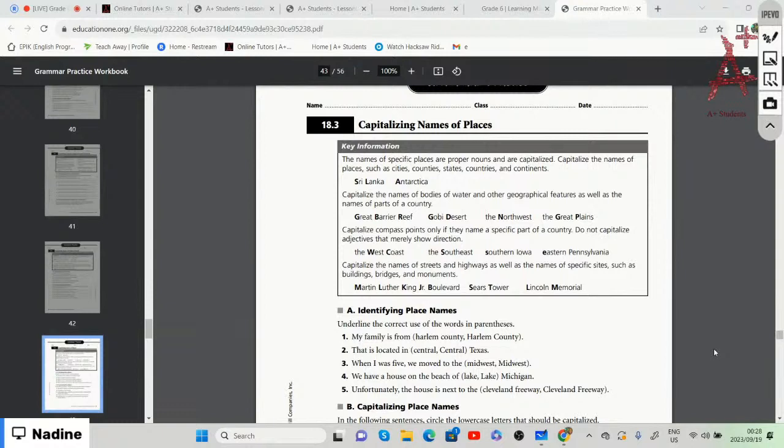That's only if you make mention of the name of a country or part of a country. We don't capitalize adjectives that describe the nouns. And we capitalize the names of streets, highways, as well as names of specific sites such as bridges, buildings, and monuments.